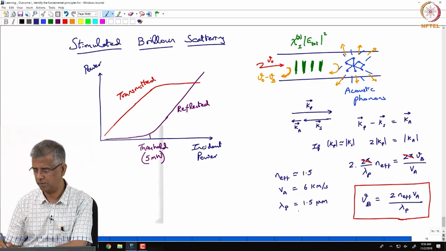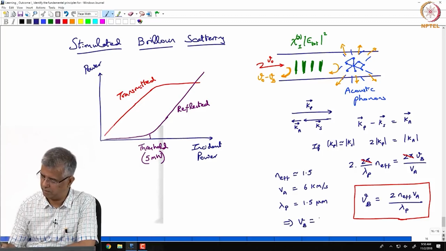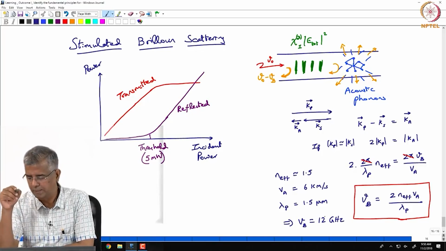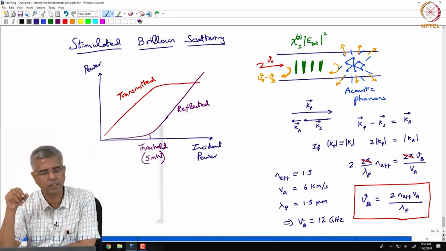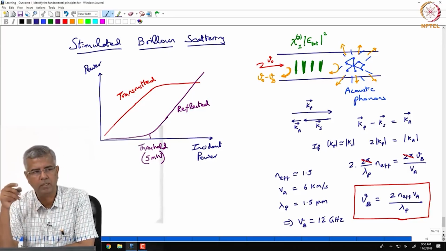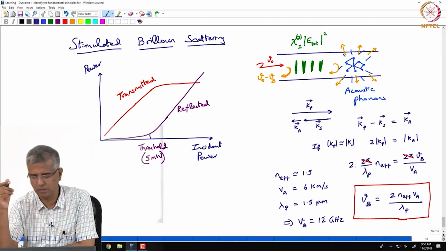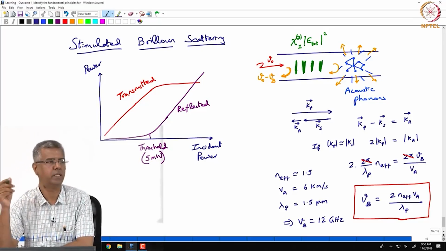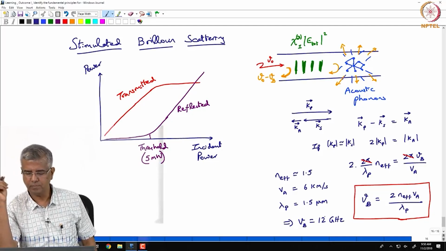If you substitute all of this, you just get nu B is 12 gigahertz. So, your scattered frequency is 12 gigahertz downshifted from the light frequency. This is what you see in silica fibers.